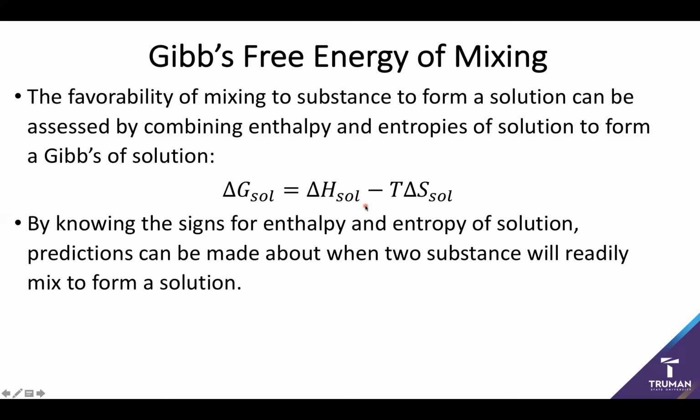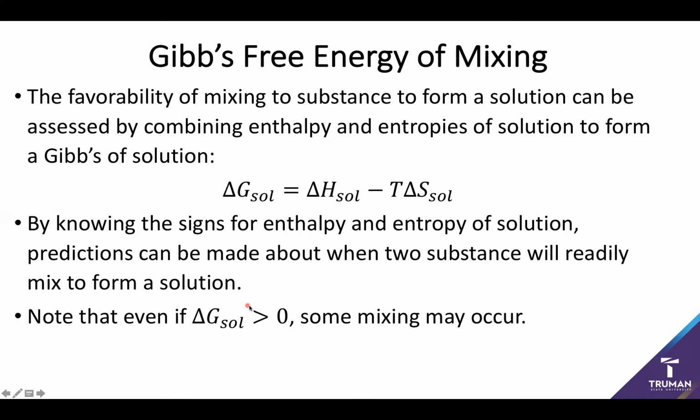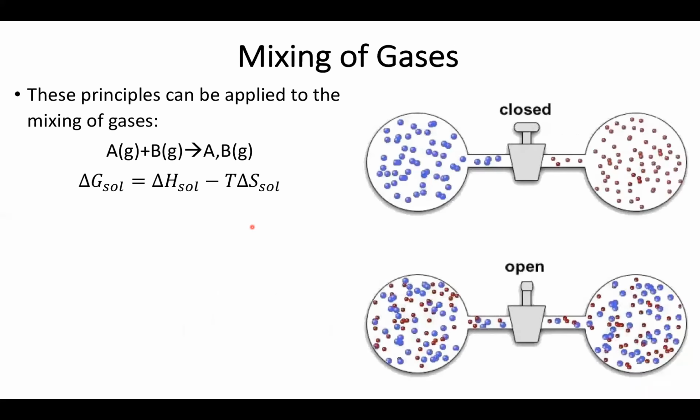So if I know the signs for my enthalpy and entropy, I should be able to have a good guess about how and when the formation of a solution will be favorable. However, I do want to make sure that you note that even if I have a positive or unfavorable Gibbs of solution, you may see some mixing occur. However, it will be what we'd call poorly soluble, as it won't be that favorable. So let's go ahead and start by looking at the mixing of one of the simplest sets of substances, mixing together two gases.